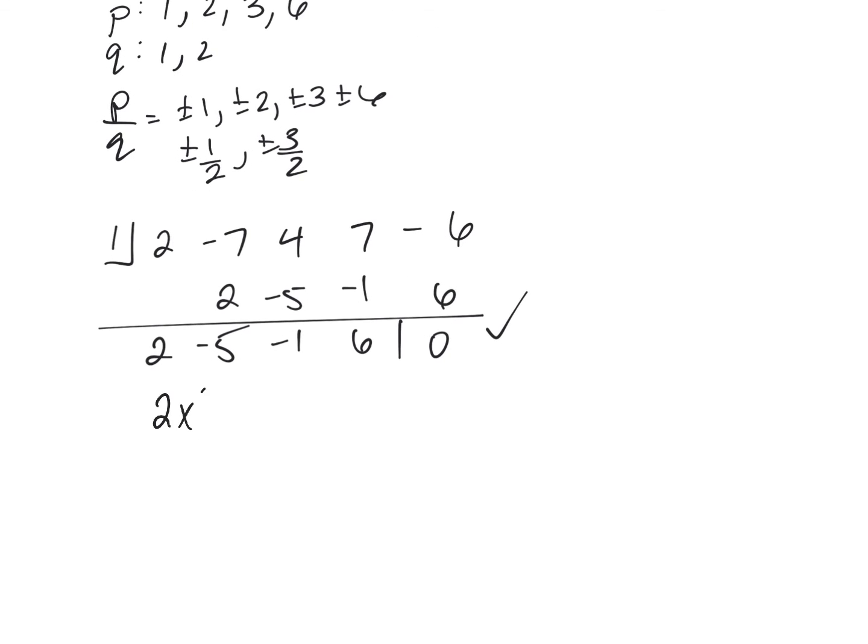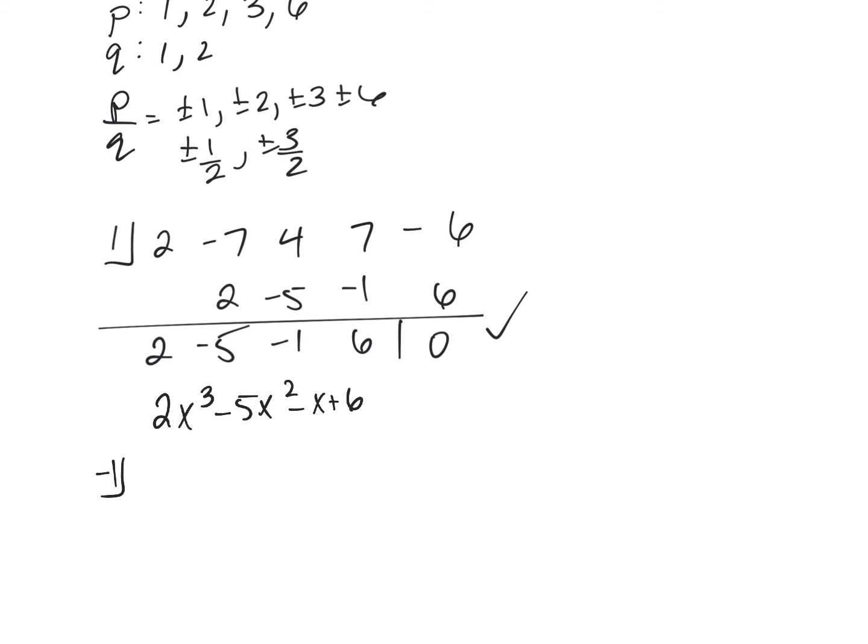Remember that this is 2x cubed minus 5x squared minus x plus 6. It has the same constant and leading coefficient, so the list is the same. I know that I already got one to work, so I'm going to try the next one. Now, that doesn't mean there's not double roots, sometimes there are, but we don't go and check them several times, because I don't know how effective that would be.